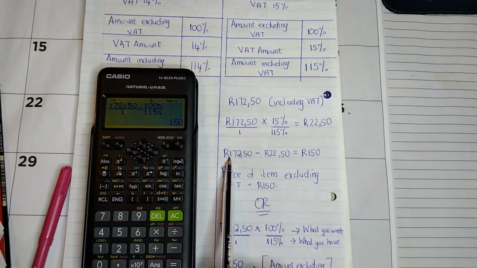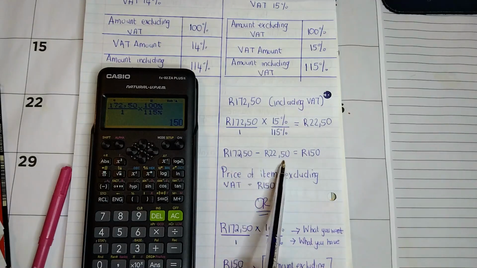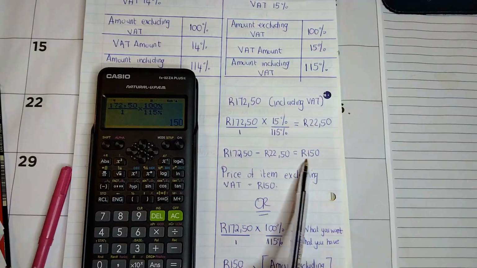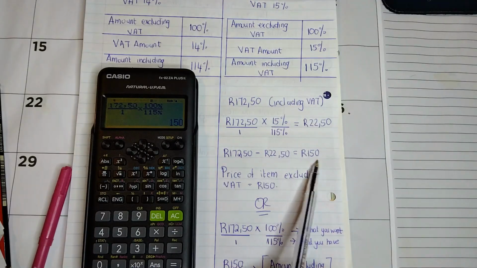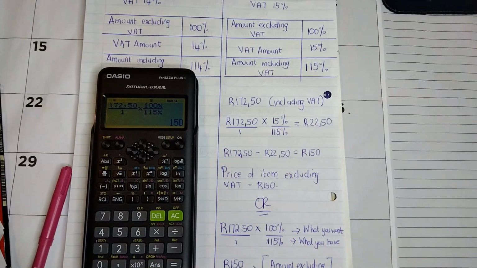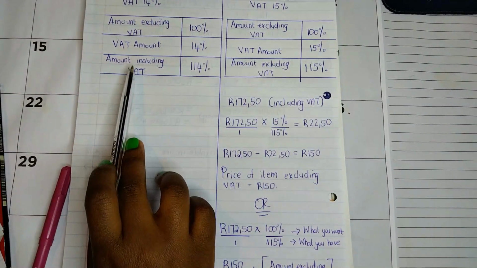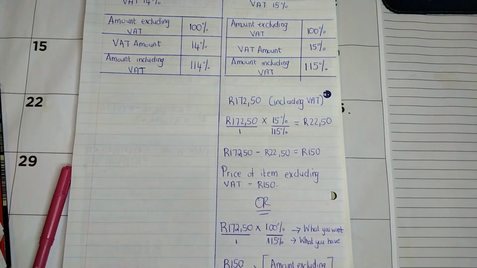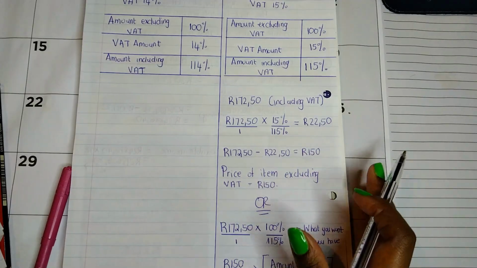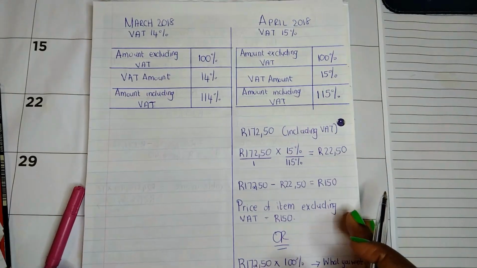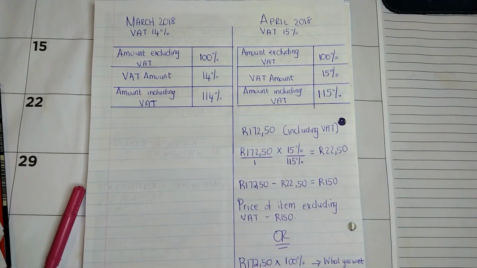And then from here, you just take 172.50 minus 22.50 to get the price of the item excluding VAT. And once we have the price of this item excluding VAT, then we can calculate what the price of this item is going to be in March 2018, including the VAT amount.